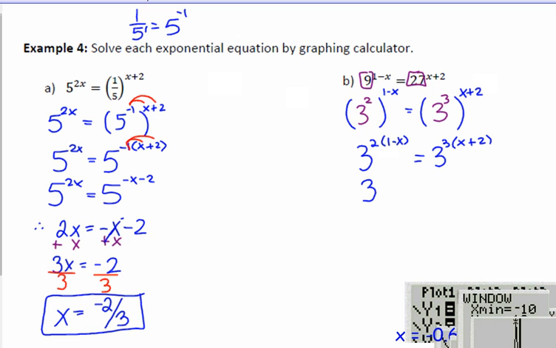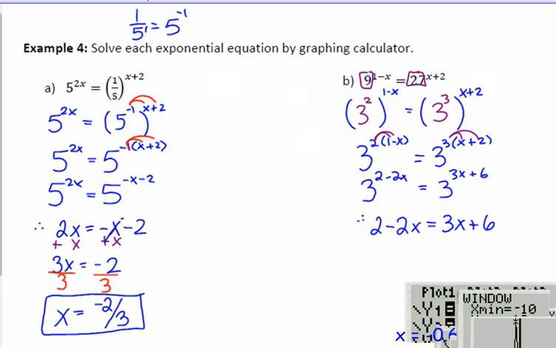Right, you should be writing 3 to the power of 2 minus 2x. So we are bringing in the 2 here, bring in the 3. 3 to the power of 3x plus 6. So now what can we conclude? Therefore, 2 minus 2x equals 3x plus 6.